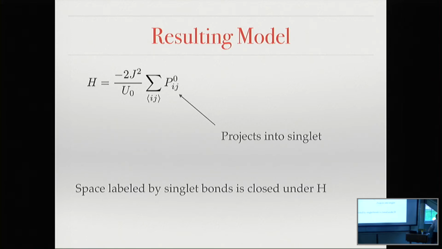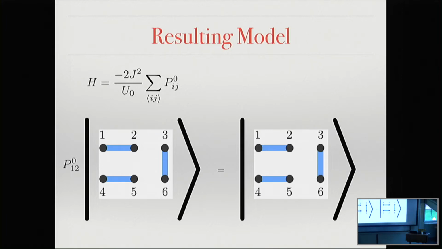I'll show you a little bit how that works. I'll just use a set of 6 sites; this is enough that I can get my head around it. These are summing over all nearest neighbor terms. If I look at a nearest neighbor term on sites 1 and 2, the state I wrote down already has a singlet on 1 and 2, so this is an eigenstate. Great.